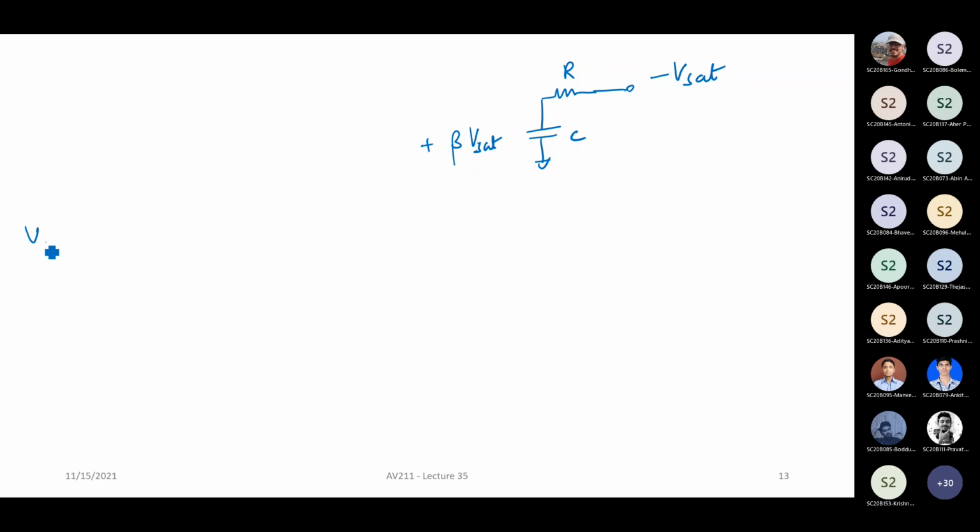Now, can you tell me VC of t? What will be the expression? You would have studied and written quizzes in network analysis for your RC networks.